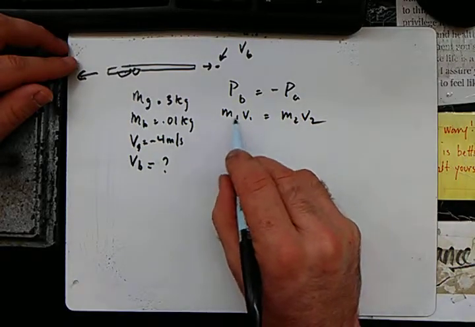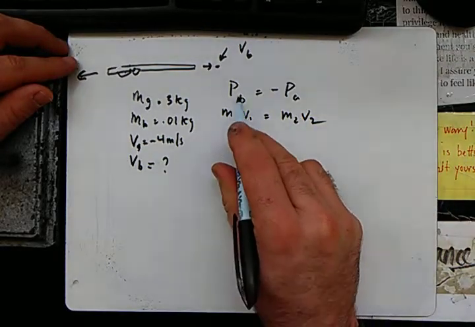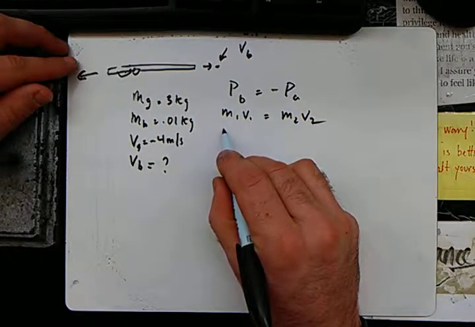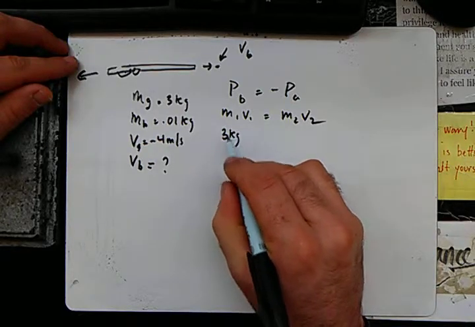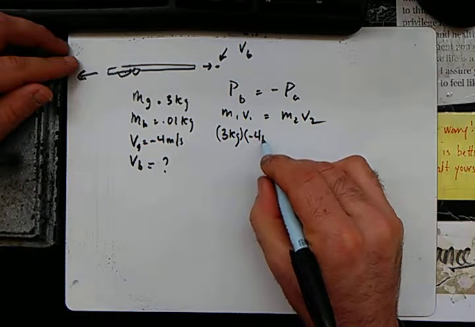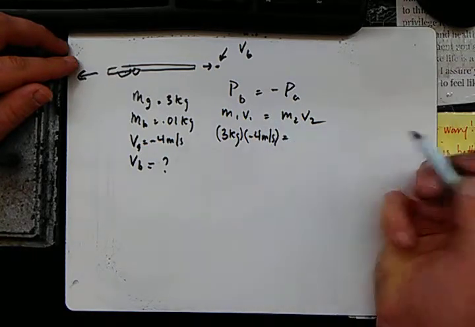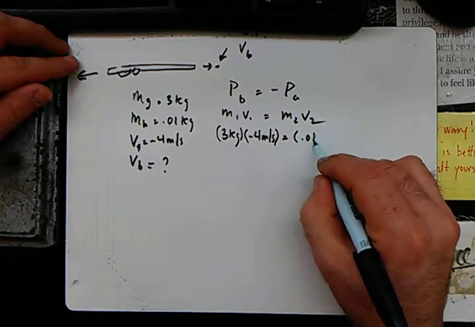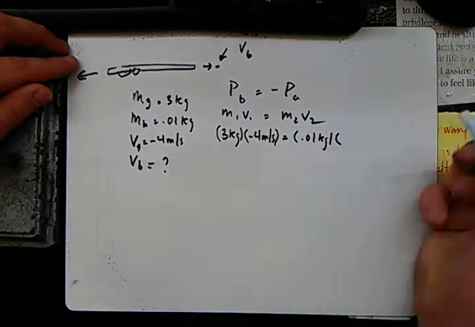So M1 V1, M2 V2. Let's find the momentum of that system. M1 is the mass of the gun, 3 kilograms. Velocity of the gun, negative 4 meters a second. M2 is our 0.01 kilograms, a bullet.